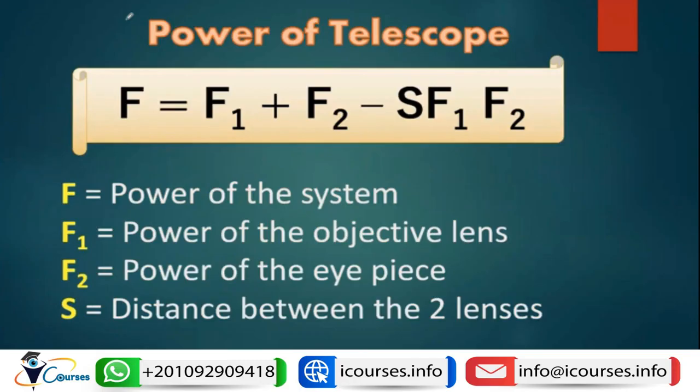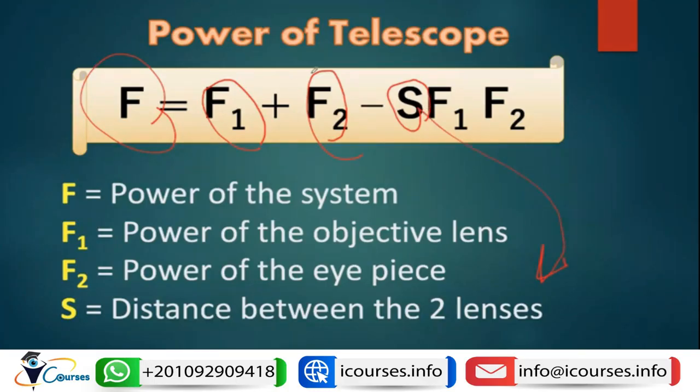We have a formula for calculation of the power of telescopes. So if we have a telescope and we need to know the power of this system, the power of this telescope can be named F. So it will be equal to the power of the objective lens plus the power of the eyepiece, minus the power of the eyepiece multiplied by the power of the objective lens multiplied by S, which is the distance between the two lenses.